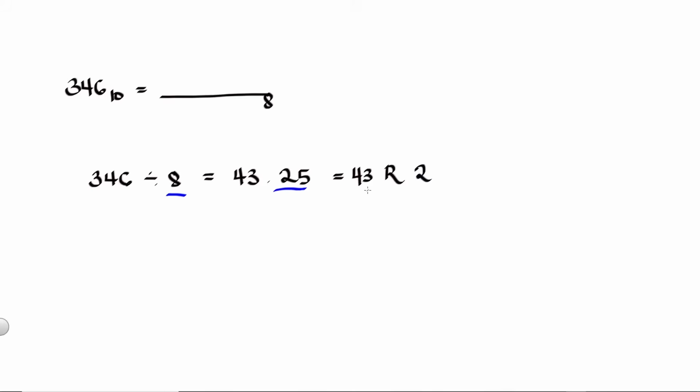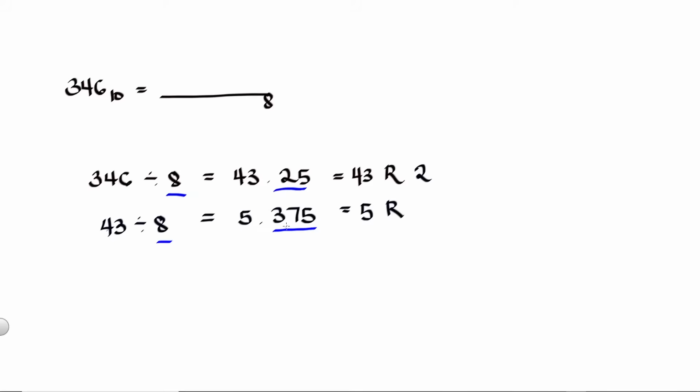Then we take 43 and divide it by 8. So 43 divided by 8 is equal to 5.375. So this is 5. And for the remainder, we will multiply 0.375 by 8.